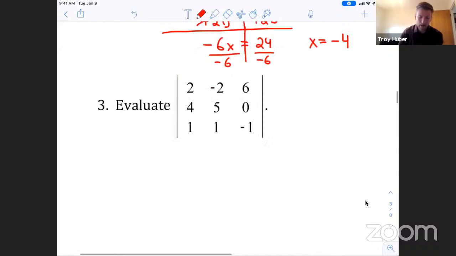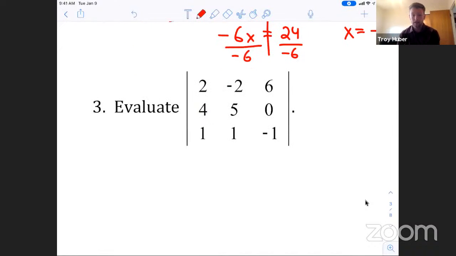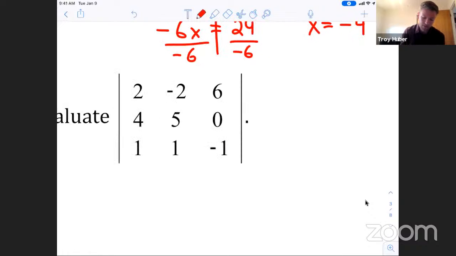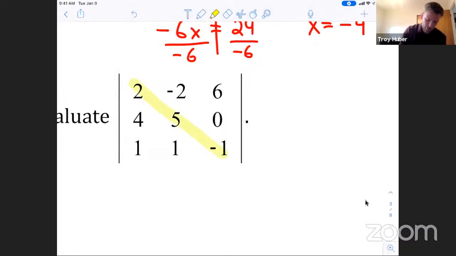Okay, but now we're evaluating the determinant of a 3x3 matrix. Now you could do this by hand, and it's very similar. All you have to do is the diagonals again. But I go to do this diagonal and there's no number here.